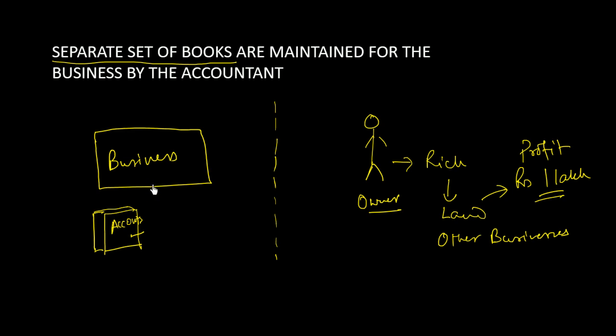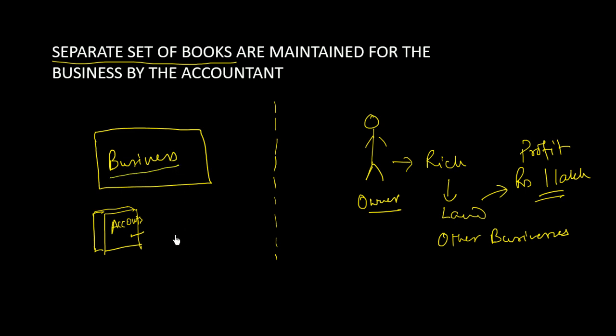It will not record it, because this profit which was earned by the owner is actually the personal income of the owner and not the income of the business. So the accountant is only responsible for accounting transactions that are related to the business of the owner, that is, in particular, this business.